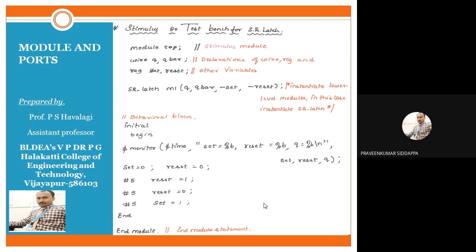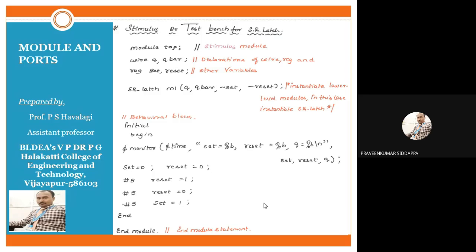Next, whenever we are writing the code, in that code we are writing input and output. We are doing the initialization of inputs and outputs. Which inputs are there in your code?